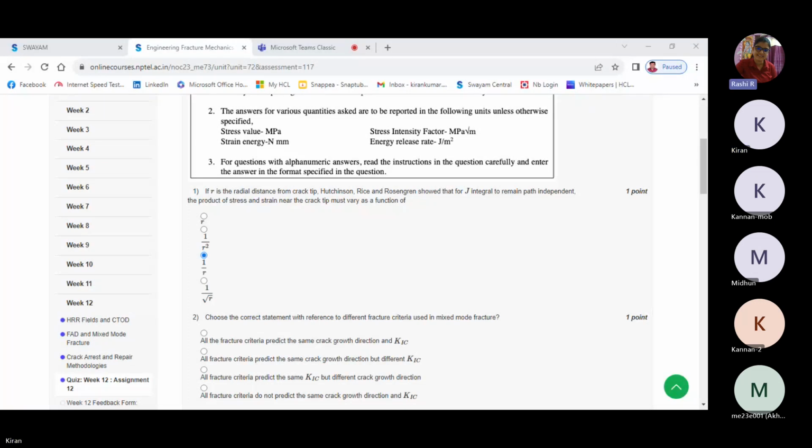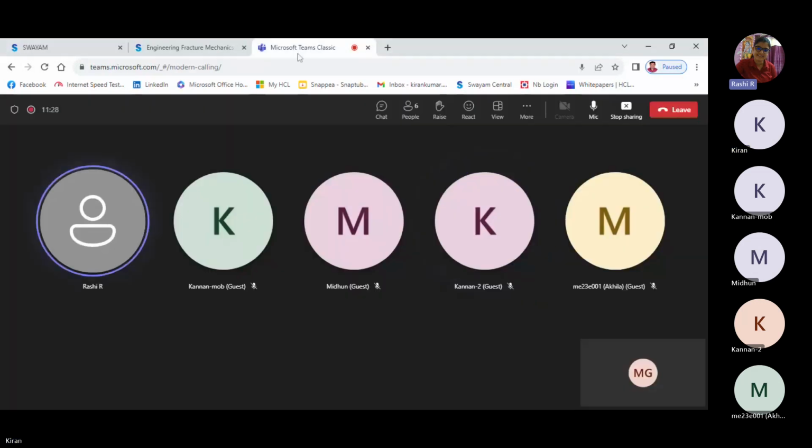You don't have to discuss all the questions. Discuss the questions which are very crucial, difficult to understand, and problem based, rather than discussing each and everything. We can complete it soon and wrap it up soon.